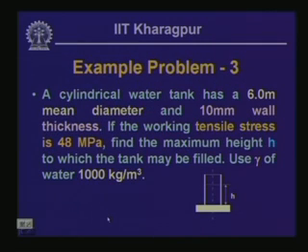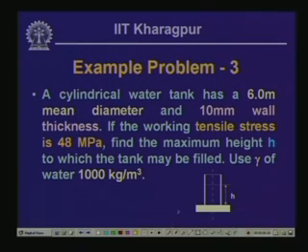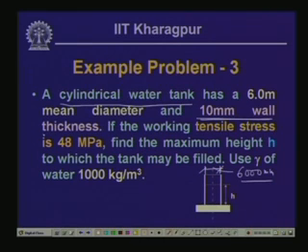Well, let us look into the third example, which is quite a simple problem, I guess. A cylindrical water tank has 6 meter diameter. Let us take this as our internal diameter only, which is 6 meter, or 6000 millimeter, and the thickness of the tank wall is 10 millimeter.